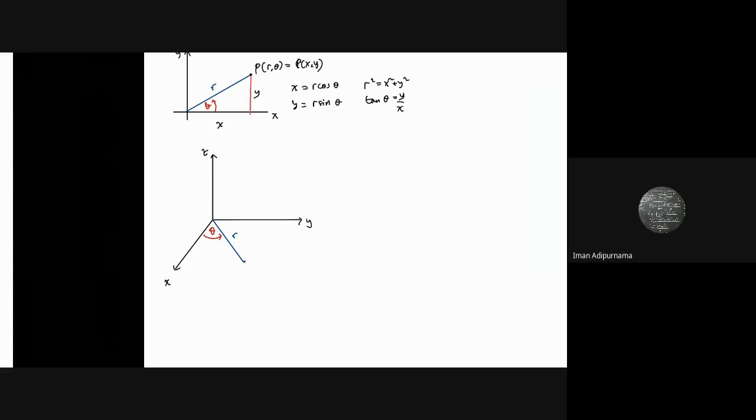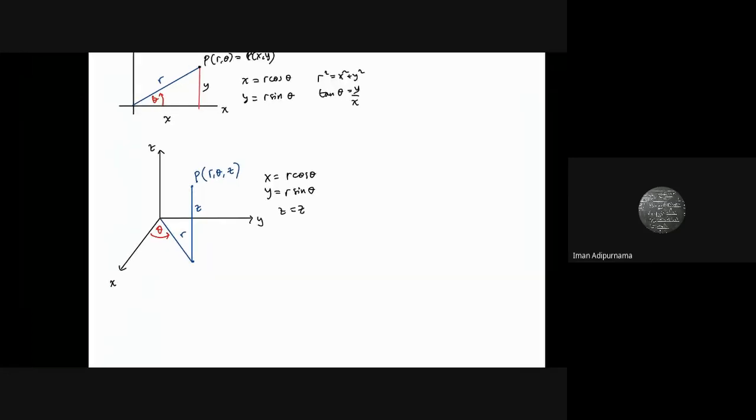But here in 3 dimensions, we have another axis, Z. The point here will be r, theta, as in the polar, and also Z. So we are adding Z. So X is r cos theta, Y is r sine theta, and Z is still Z. We call them cylindrical coordinates.